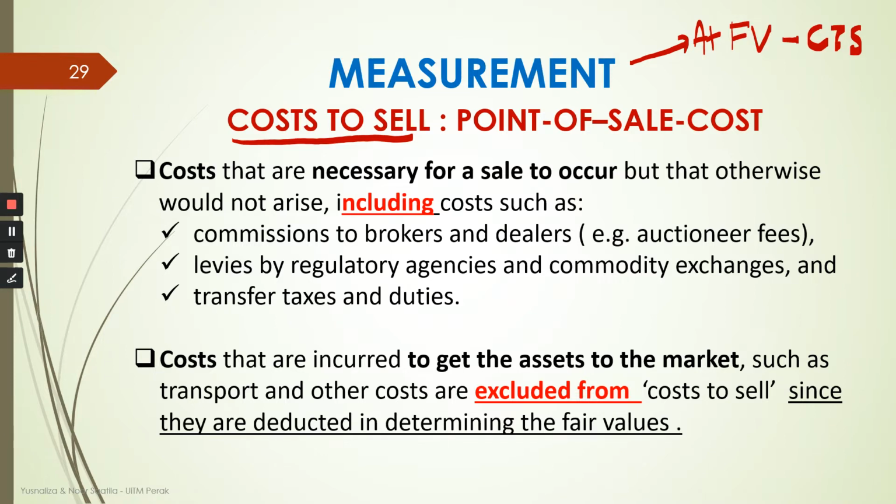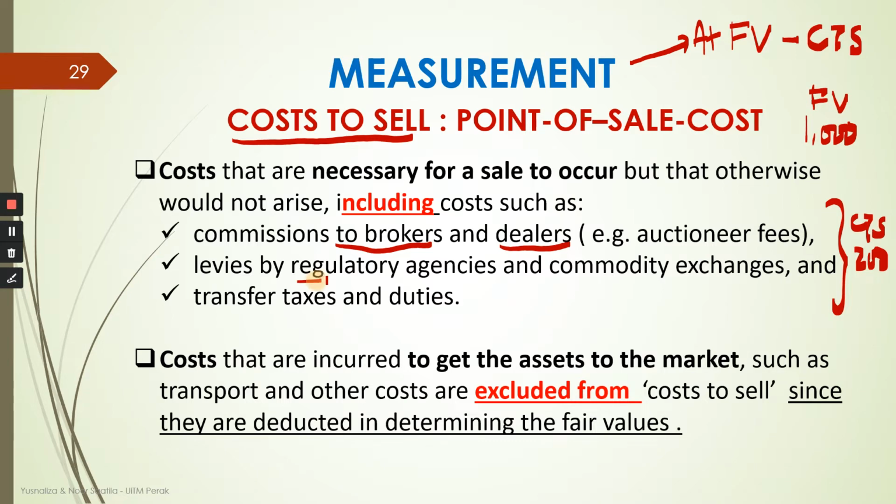For example, you have the milk just now, and you need to pay commission to the broker or the dealer, right? So let's say at first the fair value was 1,000, and the total cost to sell is 200.